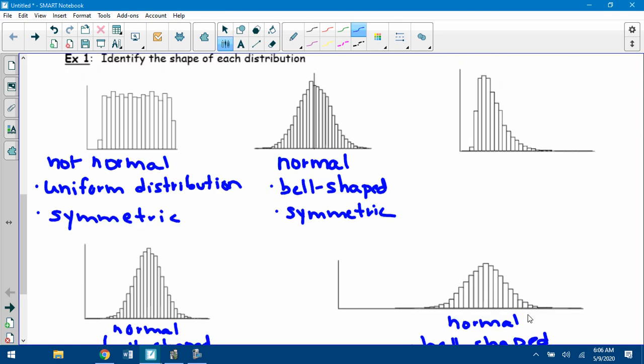And then this top one up here, this one's not normal at all. What is it? Is it skewed? It's skewed which way? Yeah, this one's also skewed right because there are some right-hand values up here that are pulling the values, and we'd say it's not symmetric, or asymmetric.